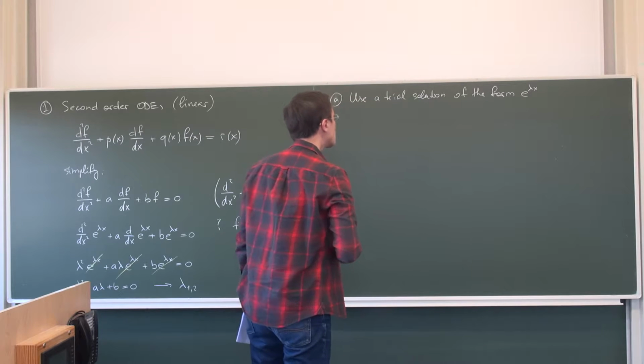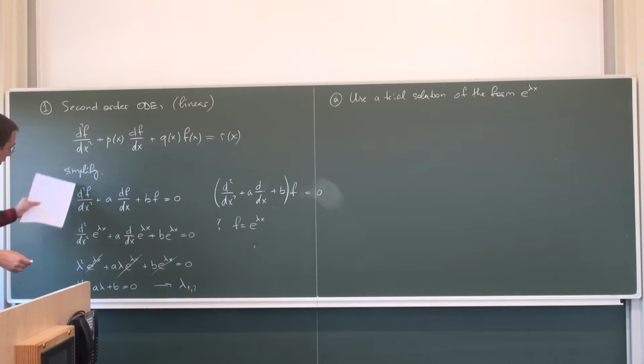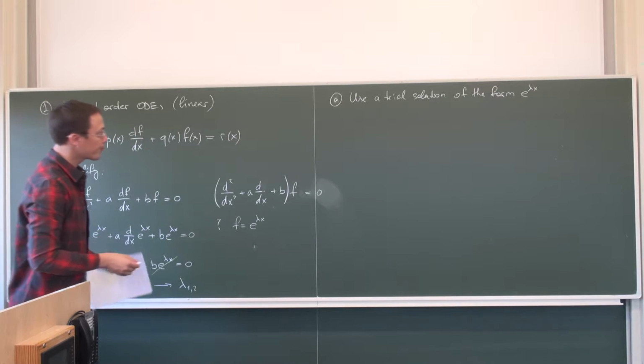This has to do with the fact that equations of this type have derivatives, and exponentials are known to be eigenfunctions of derivatives. So with a pretty high likelihood that is a solution.